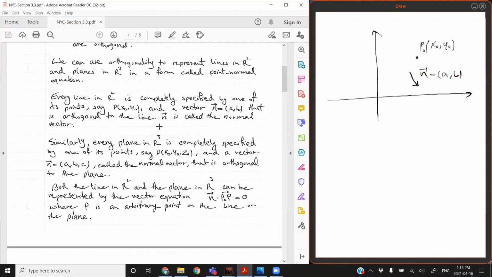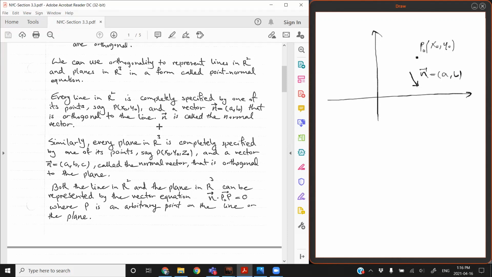It's a vector, let's say (a, b). So I want to argue that any line is completely specified by a point on that line and a vector orthogonal to the line. Now use your imagination, or you can actually use the annotation tool of Zoom and draw the line. Can somebody do that for me?